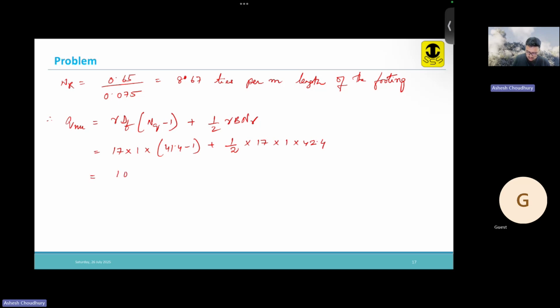So gamma test 1047.2. Q net safe is Q net by a factor of safety, which we generally take as 3, so 349 kPa. Okay, so this is from the bearing capacity equation.